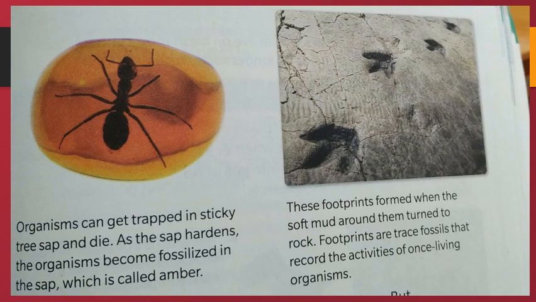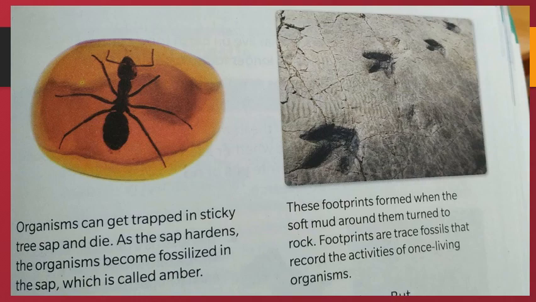Sometimes organisms can get trapped in sticky tree sap and die. Some trees have some sort of juice, especially in our country we have a tree named the jackfruit tree. The jackfruit is a fruit. From that tree a sap, a white type of liquid, comes out.